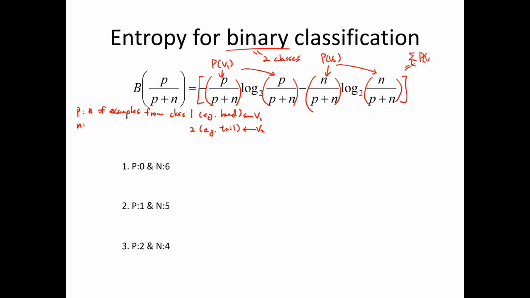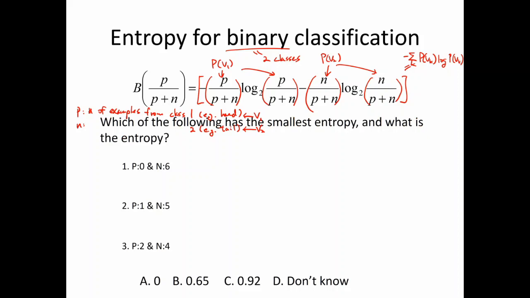The probability of Vk log of probability of Vk. And we don't need the summation sign because since we only have two classes, we can afford to write everything out. Given this, which of the following has the smallest entropy and what is the entropy?